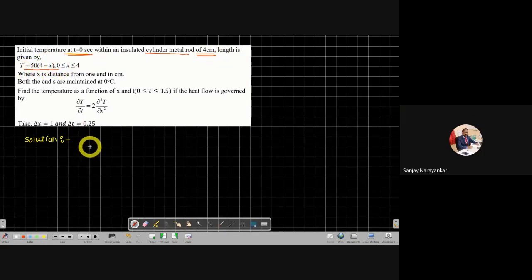So what is given in the problem statement? One rod which is placed on the x-axis is a cylindrical rod, and the length of this rod is 4 centimeter.